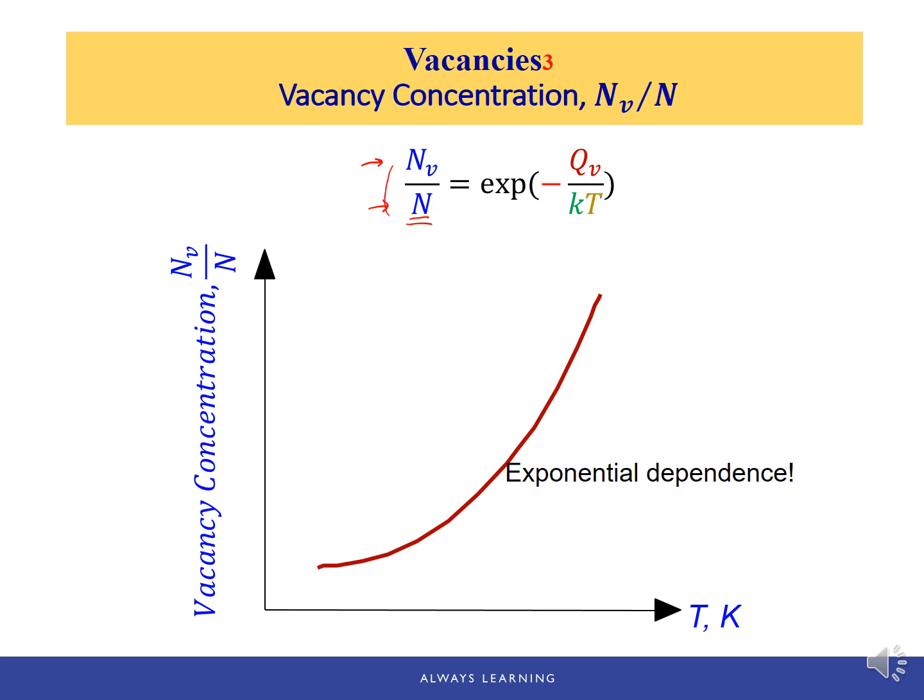From the previous relation, if we move the N from the right side of the equation to the left, we get N_V over N equals e to the power of negative Q_V over kT. If we plot the vacancy concentration against the temperature, this is the relation. Therefore, the vacancy concentration increases with temperature with an exponential dependence.